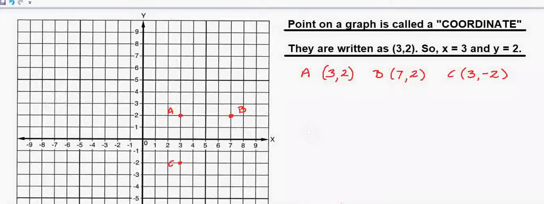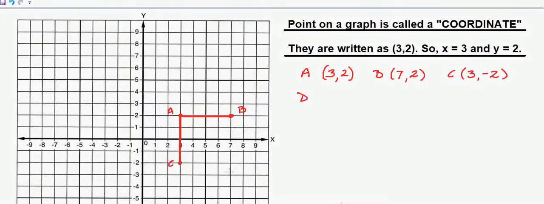Okay, so if they said, let's just join these lines up. So let's say we've got these two lines here, and they say, okay, we want you to plot a point D so that we create a square.